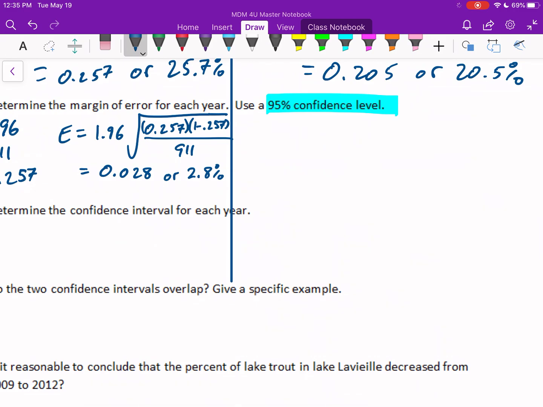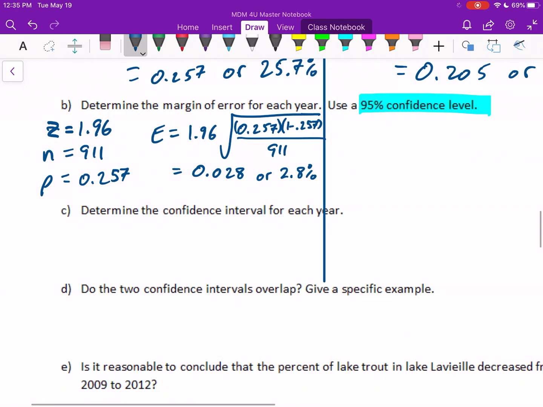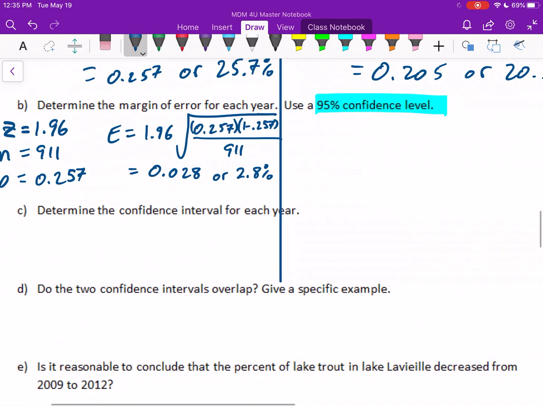Doing the same thing for the 2012 catch, it's the same z-score, because we're using the same confidence level, but N is now 689, and P is going to be 0.205.